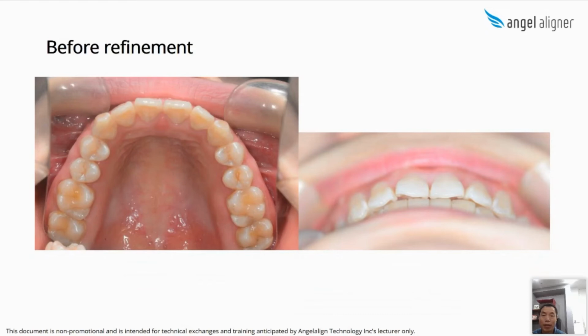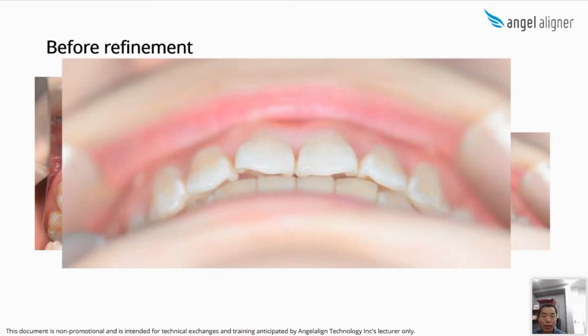Make sure there is space in the mesial and distal of the central incisor. And also, there is no close contact when moving distally. Here you can see there's space here.